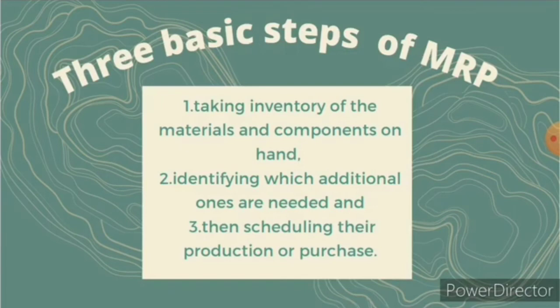Because of that, they will have an idea how much more they need to purchase when a customer's order arrives, which is step number two, identifying which additional ones are needed. And then proceed to the last step, which is scheduling their production or purchase.